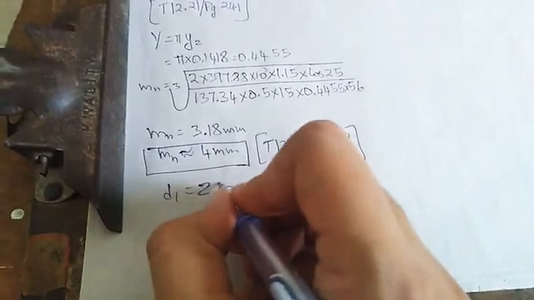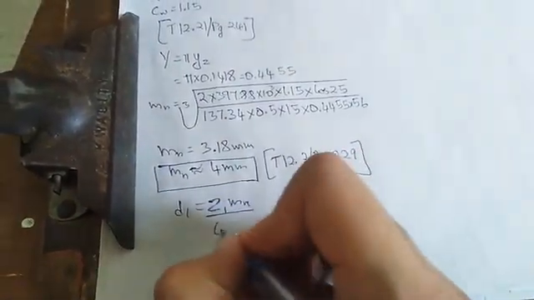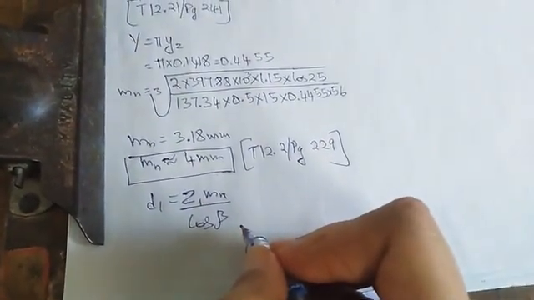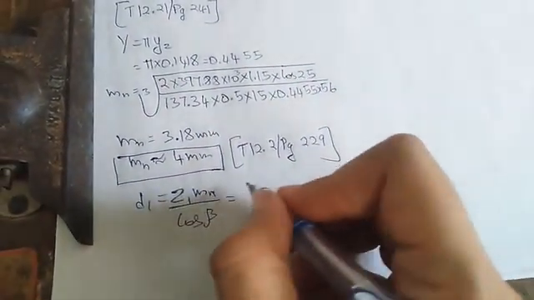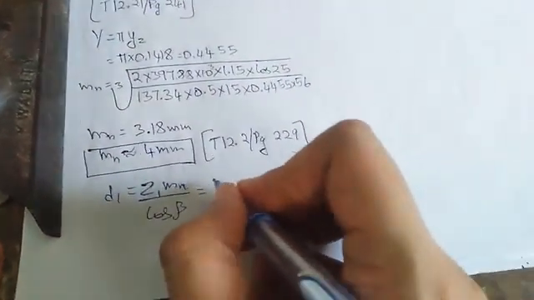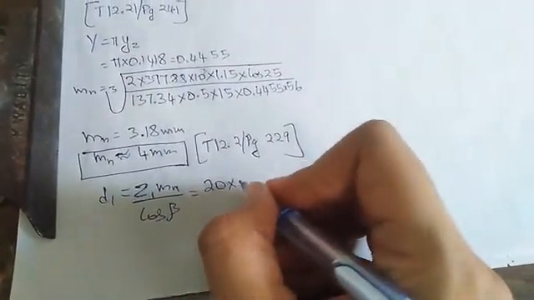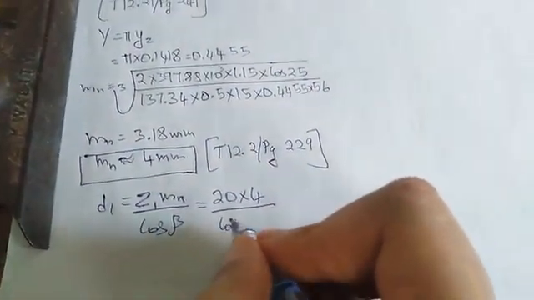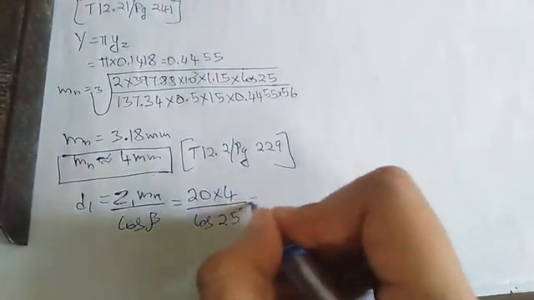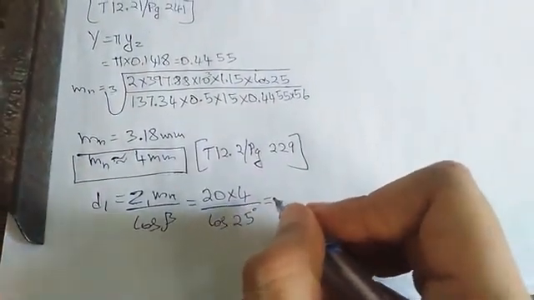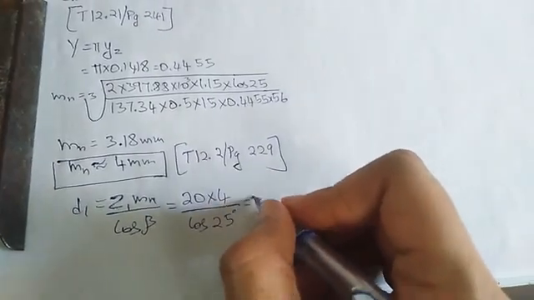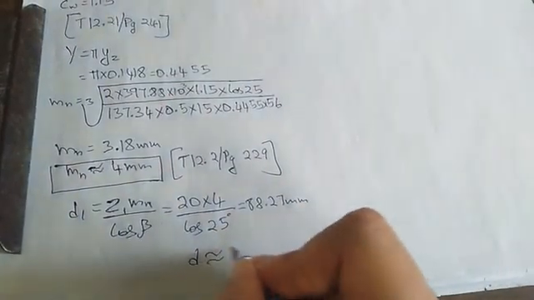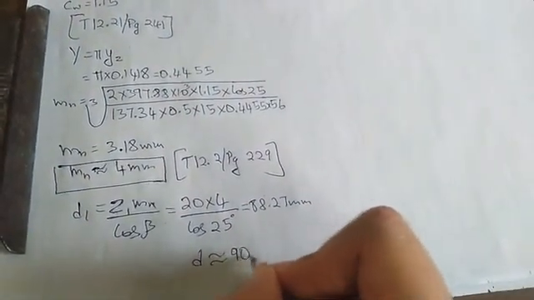D1 is equal to Z1 Mn by cos beta. The value of Z1 is 20, Mn is 4, beta is 25 degrees. So the value of D1 we get is 88.27 mm. We shall approximate this value to 90 mm.